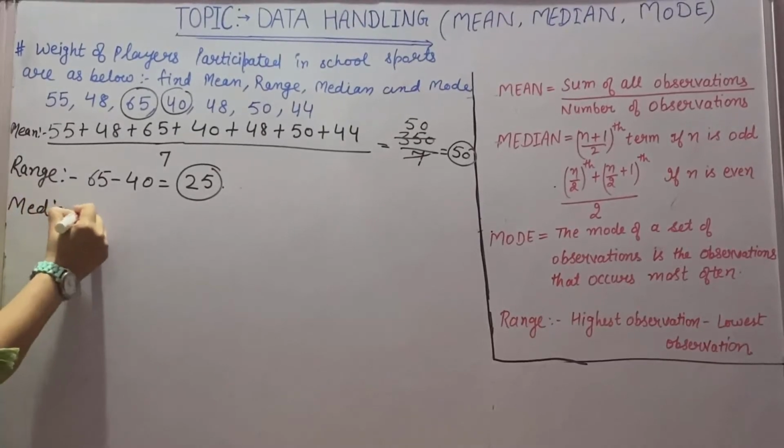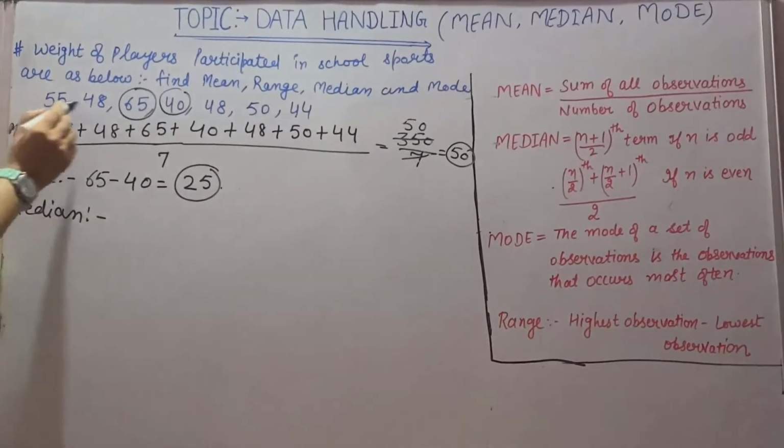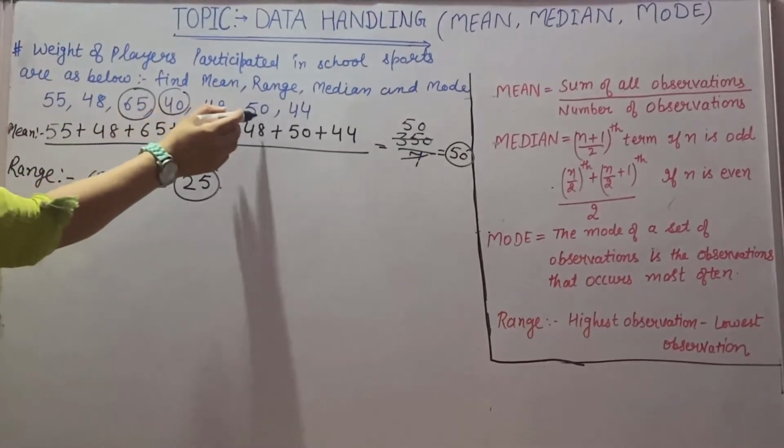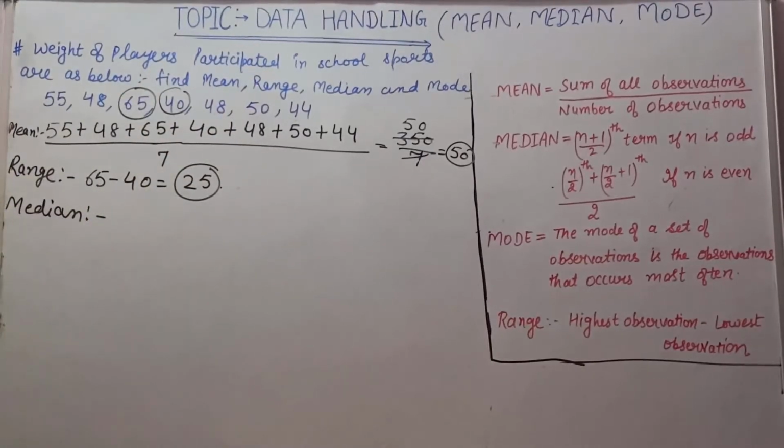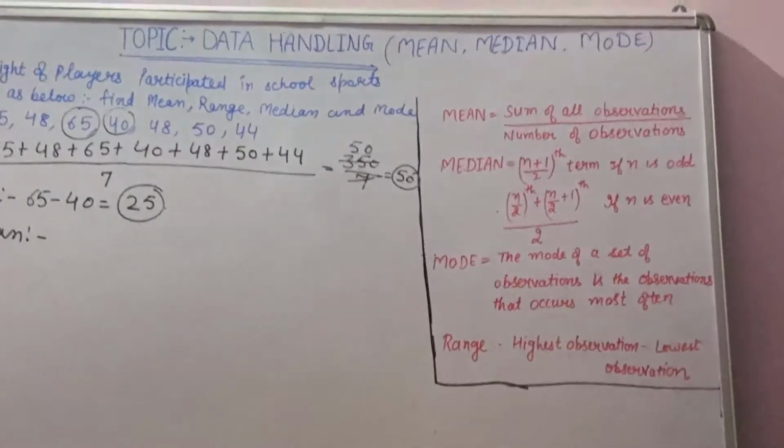Now, first we check what n is. 1, 2, 3, 4, 5, 6, 7. 7 is an odd number, that means n is odd.